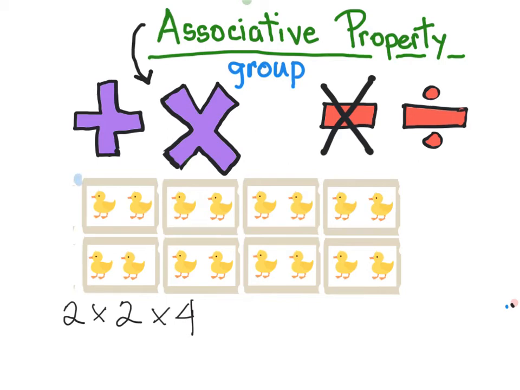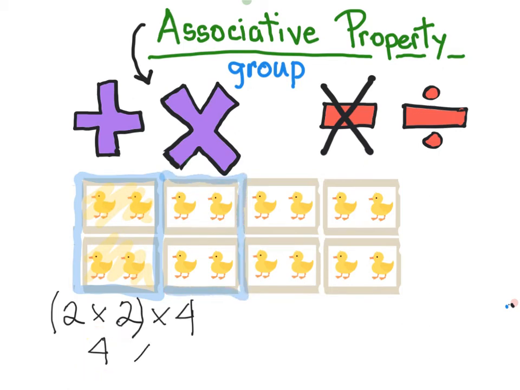So since we started out with 2 ducks and then doubled that to 4 ducks, we would put the parentheses around 2 times 2 and do that operation first. Because we started out with 2 ducks and we doubled it to get 4 ducks. And after you joined the Future Farmers of America, you ended up with 4 groups of 4 ducks. And your total is 16 ducks.